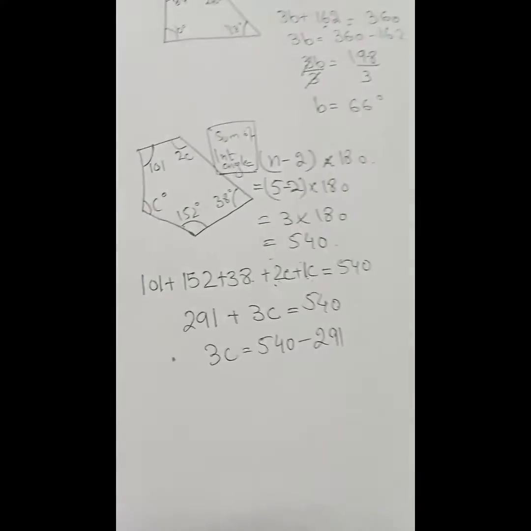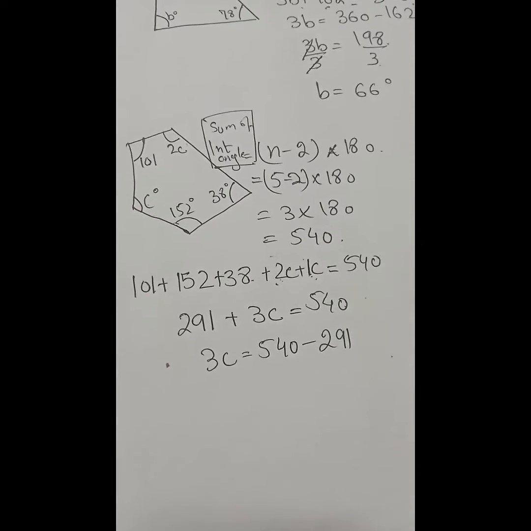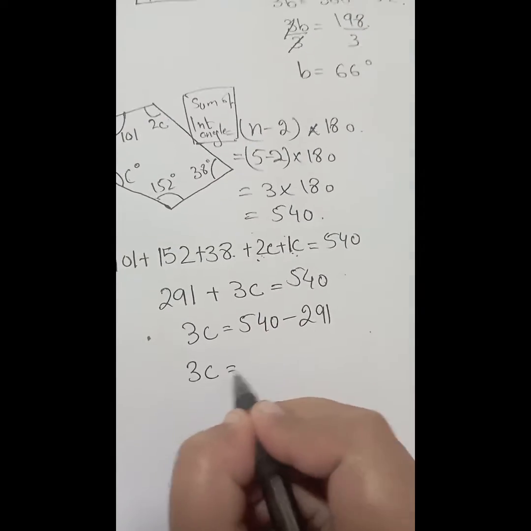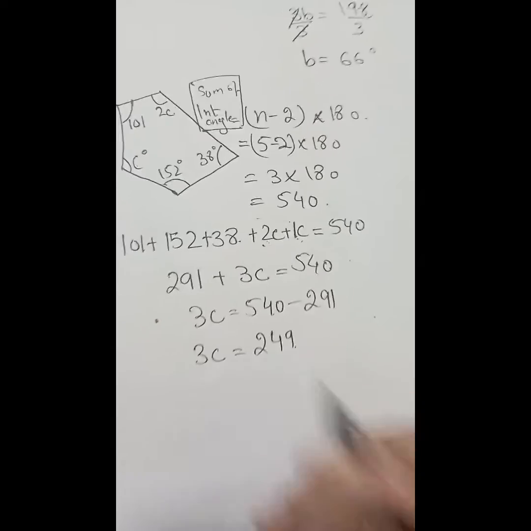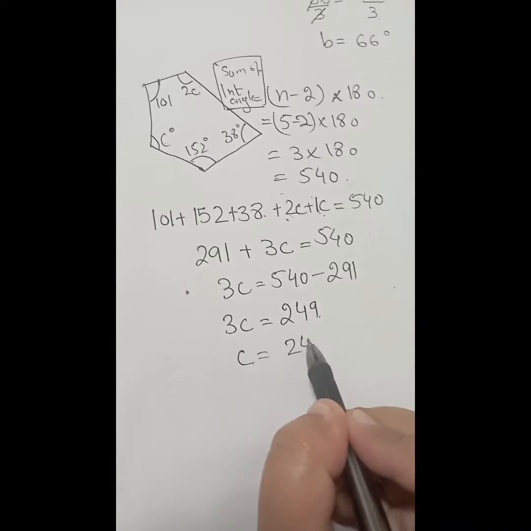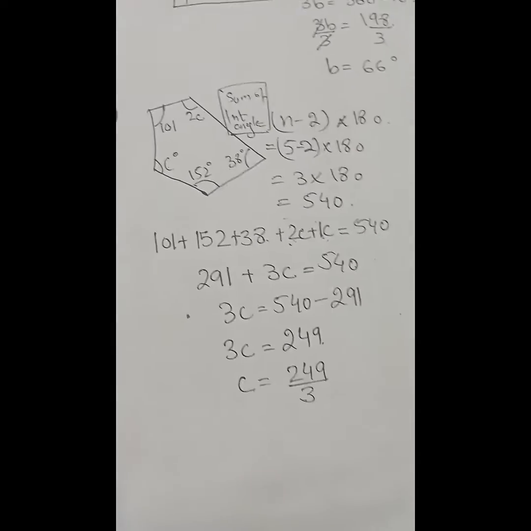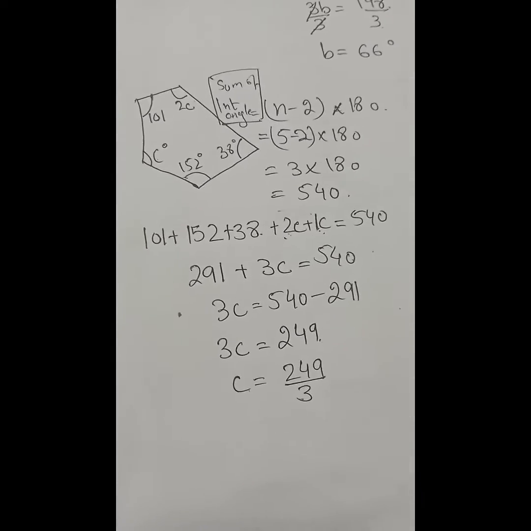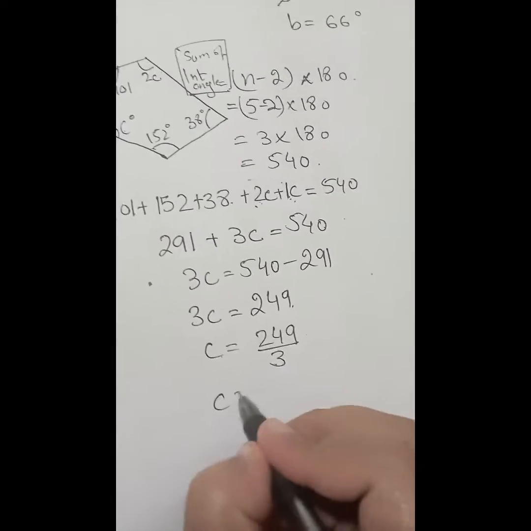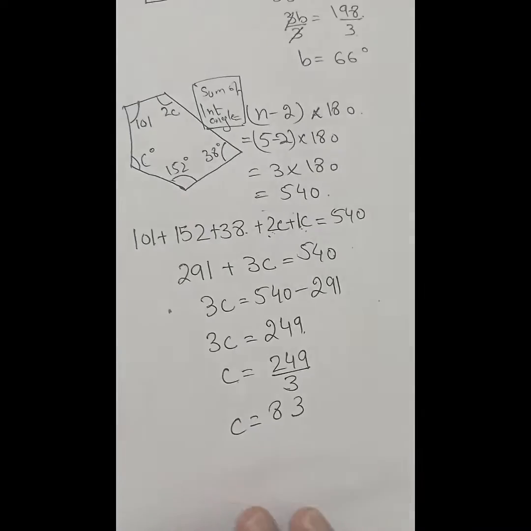When we subtract, it is going to be 249. So 3c is equal to 249. Now let's divide both sides by 3, 249 divided by 3, and I get 83. So the angle C is 83.